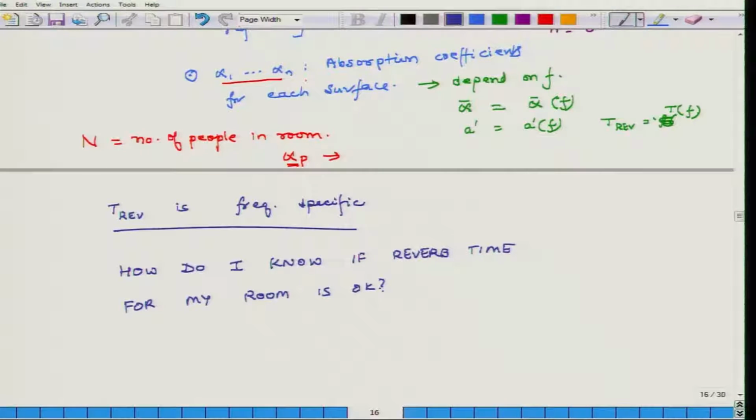Suppose I am able to calculate reverb time, but I have to make sure that for the room which I am going to use, it is okay or not. So, the answer to that is from data. You have to go and search for data, and I will show you some pieces of data.